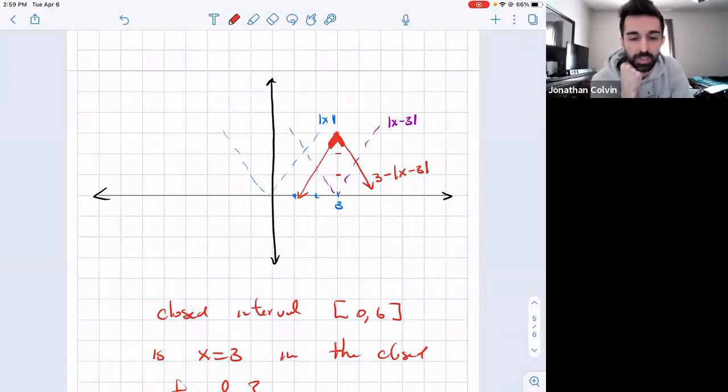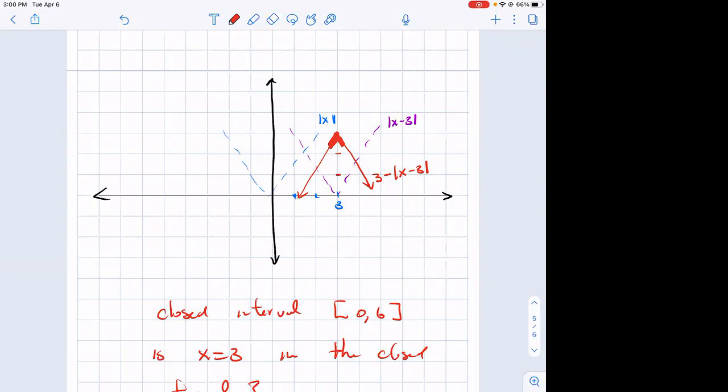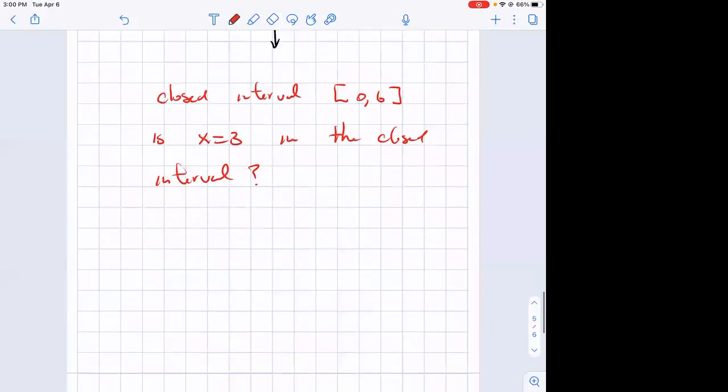If that number was not in between 0 and 6, we would still continue with the problem. Yes, you would continue. Then you would have to check what is f of A and what is f of B. Although, if you miss that and you find f of A, which is f of 0, you're going to get 0.